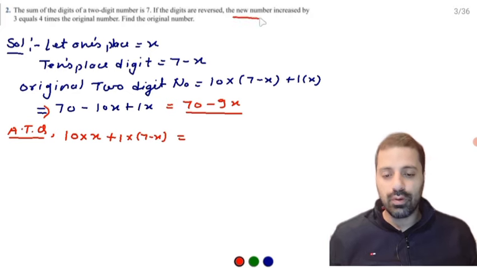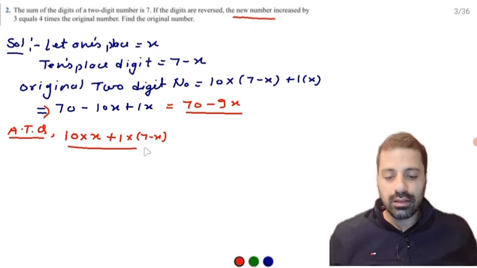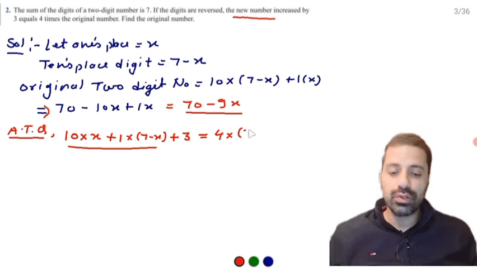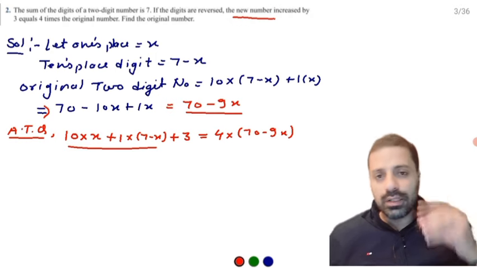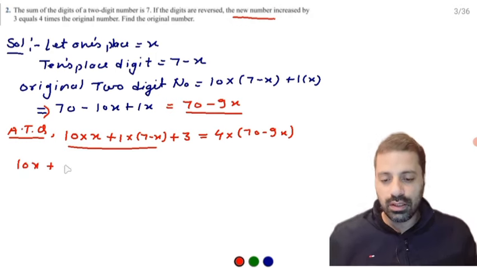If the digits are reversed, the new number increases by 3 — the question is saying that the new number we get, we add 3 to it, and it equals 4 times the original number. You have to keep this in mind as well, and this is the main step of this question.